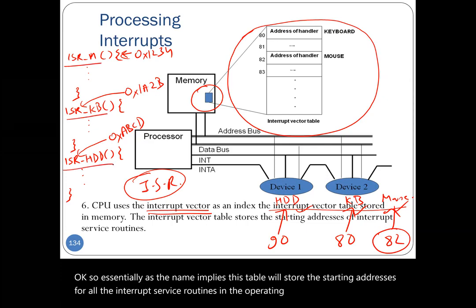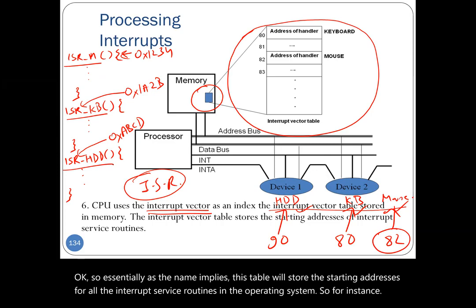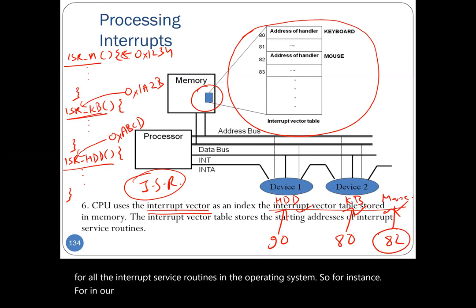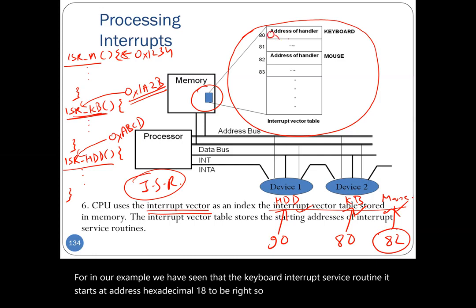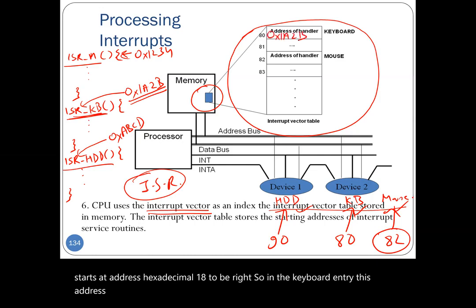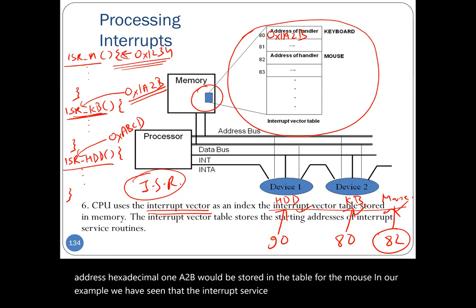So for instance, in our example, we have seen that the keyboard interrupt service routine starts at address hexadecimal 1A2B, so in the keyboard entry, this address hexadecimal 1A2B would be stored in the table. For the mouse, we have seen that the interrupt service routine starts at hexadecimal 1234, so 1234 hexadecimal will be stored in the mouse entry.